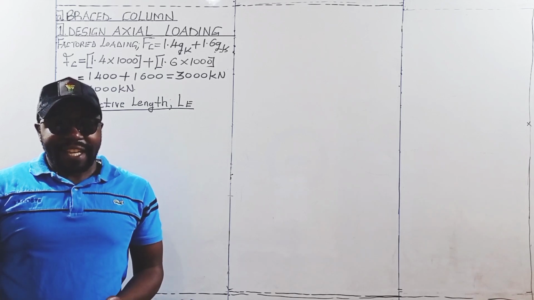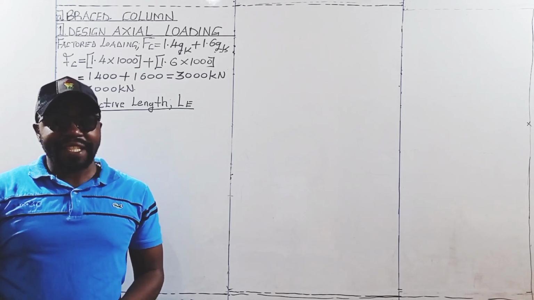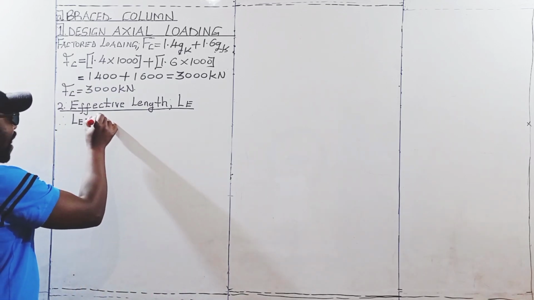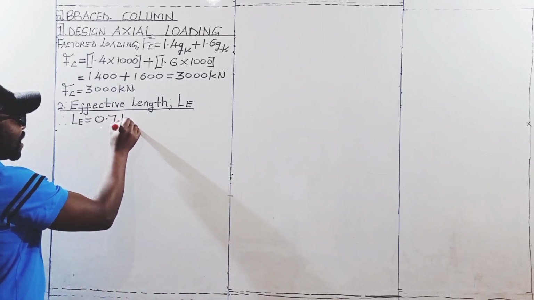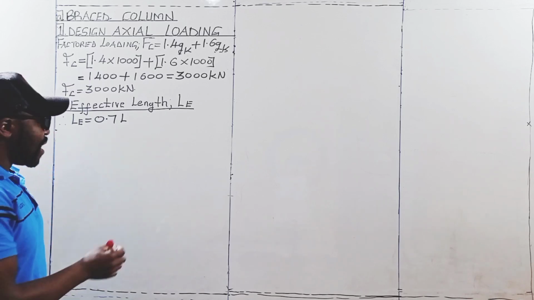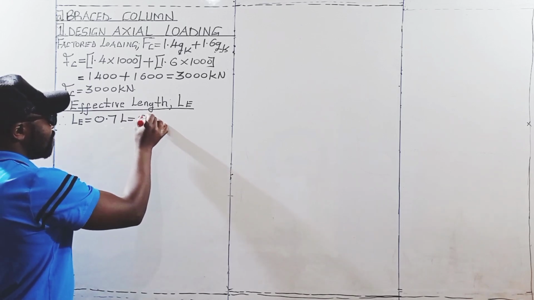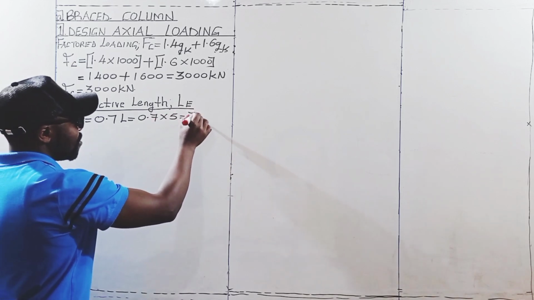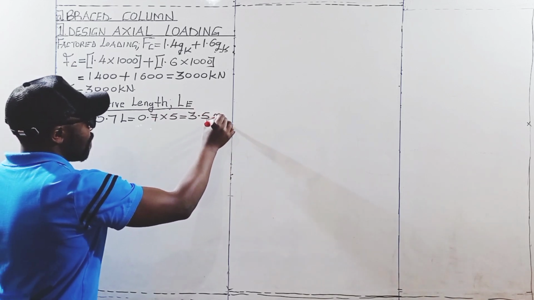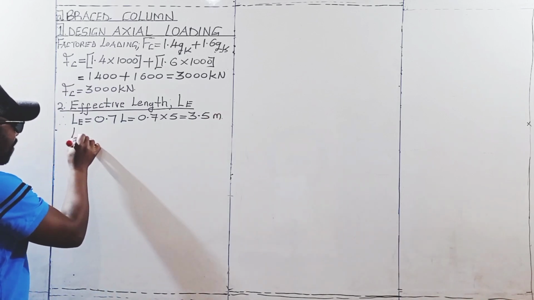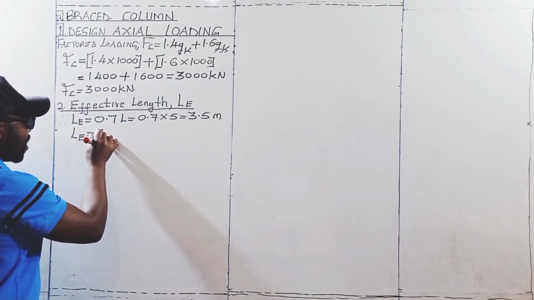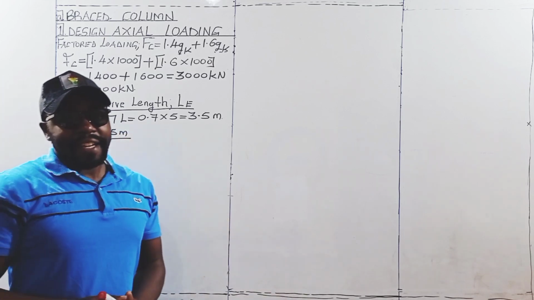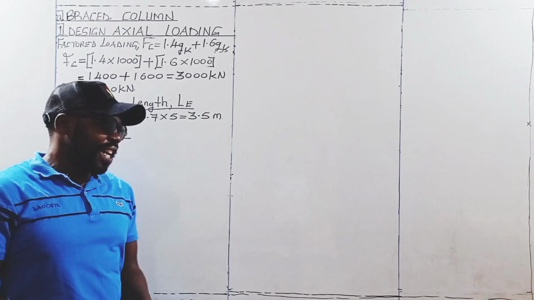For the braced case, the column is usually assumed to be effectively held in position, and therefore the effective length will be given by 0.7 times the length of the column. Therefore, the effective length is going to be 0.7 times the length of this column, which is 5 meters. Therefore, effective length is equal to 3.5 meters.